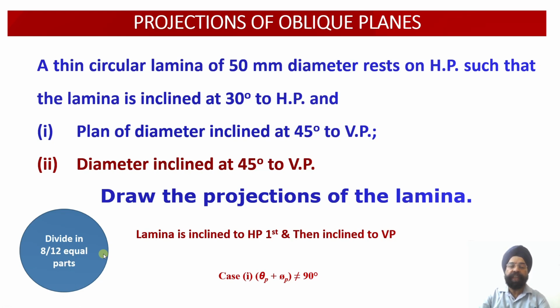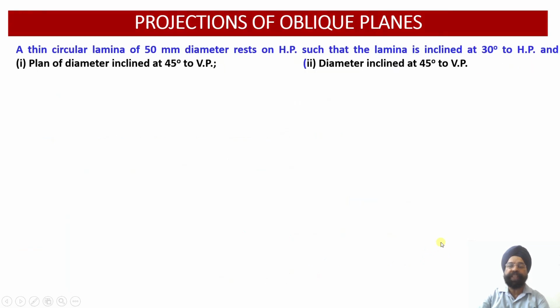It is better you divide the circle into 12 equal parts in order to have more guiding points to be able to draw an elliptical figure appropriately.